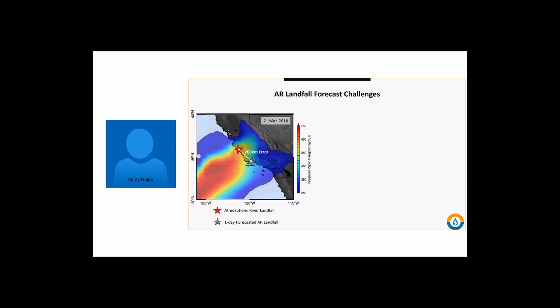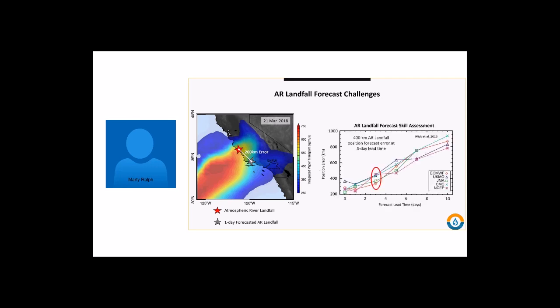The color field here is the integrated vapor transport observed, and you can see the red dot is where it hit the core, and it just sort of skirted by the Santa Barbara area. And here we see, for example, at 3 days lead time, about 300 or 400 kilometers uncertainty is normal. So it isn't unusual to have had that error.